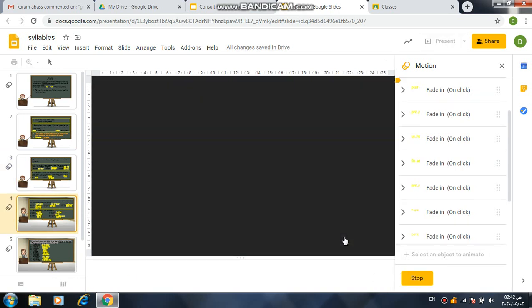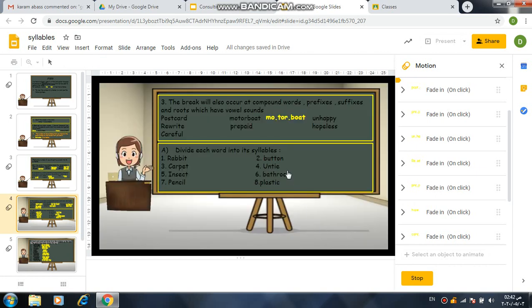Number three of the ways that tell us how I can split up the word into syllables. The break will occur at compound words like basketball. Basketball is a compound word.